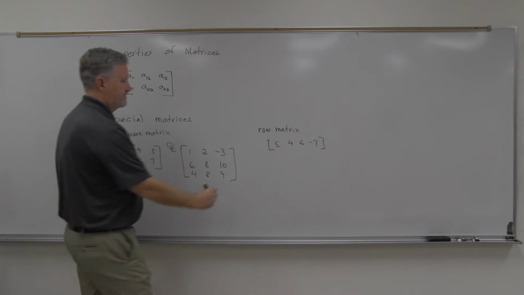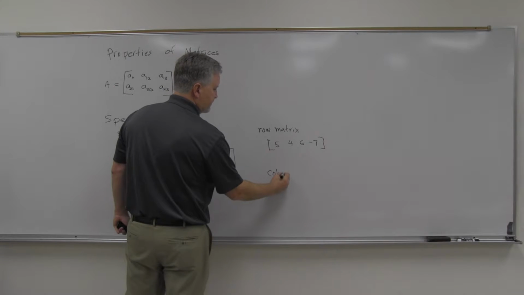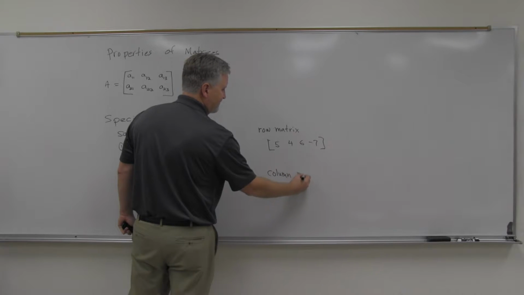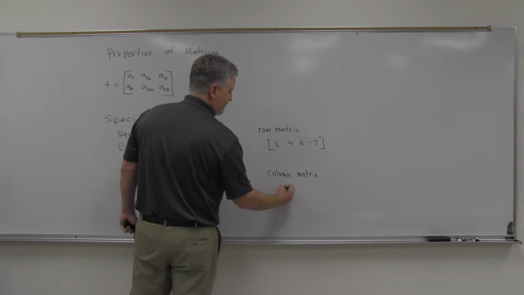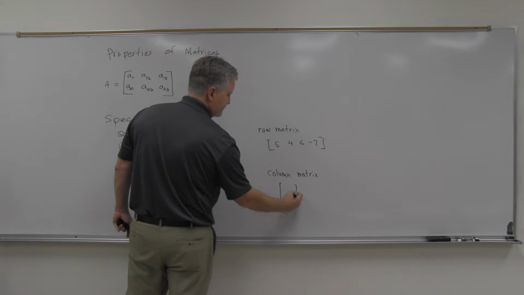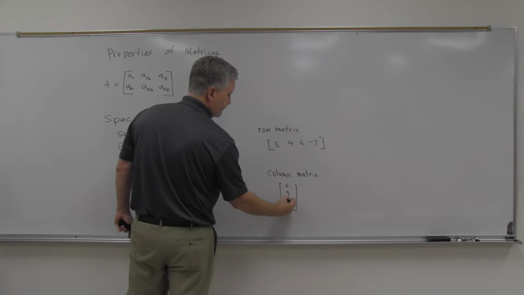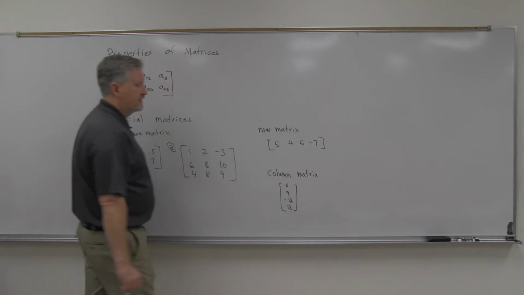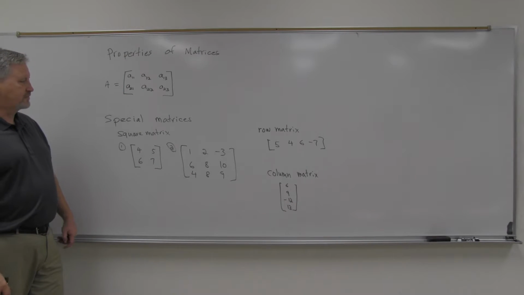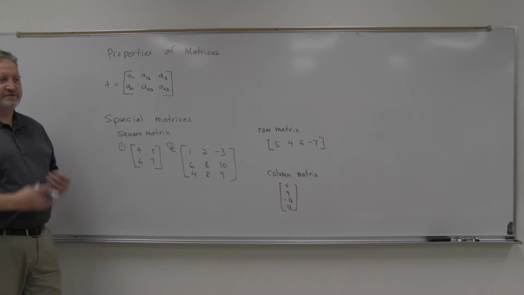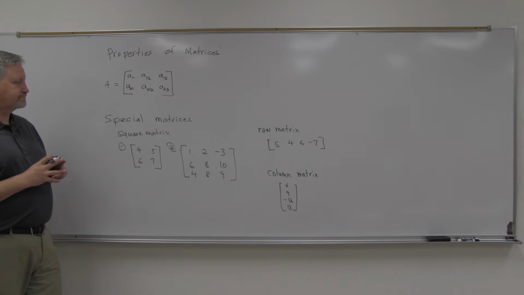And then a column matrix is one where you, guess what, have a single column, however many rows you want. Those are just some special matrices that you might hear those terms thrown around a little bit. But like I said, they're kind of fairly obvious.